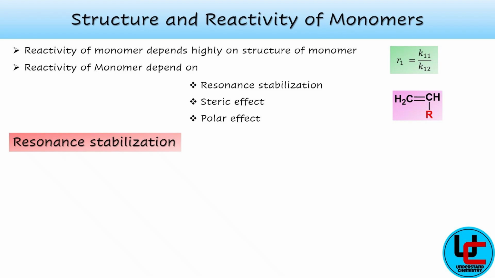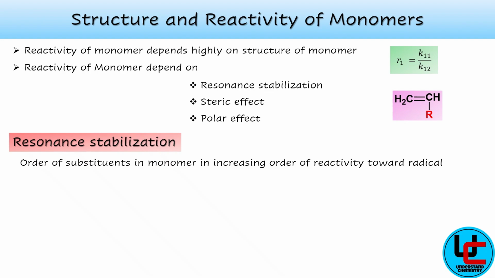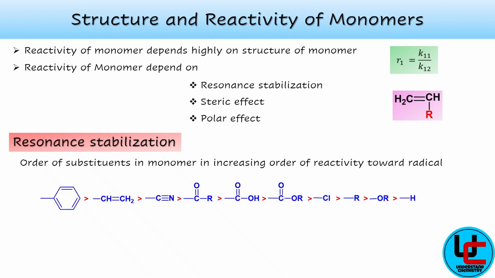In other words, reactivity of a monomer is determined by how well its substituents can stabilize the radical that forms during the reaction. For example, styrene has a phenyl ring with delocalized pi electrons attached to the vinyl group.